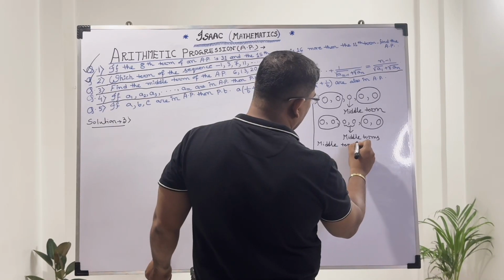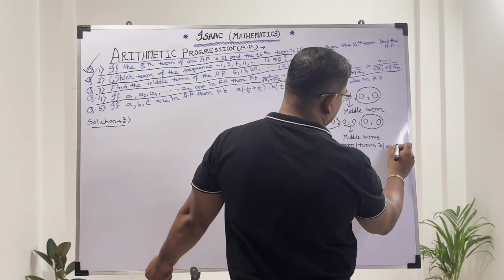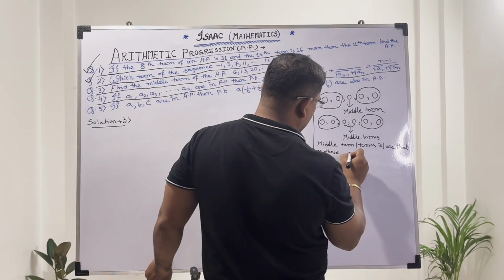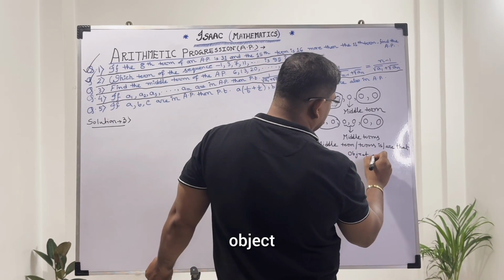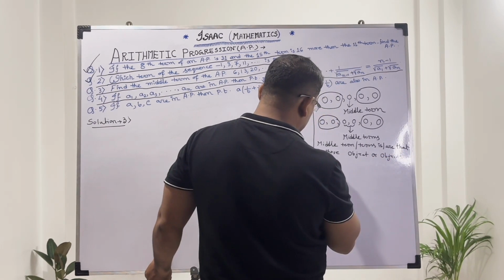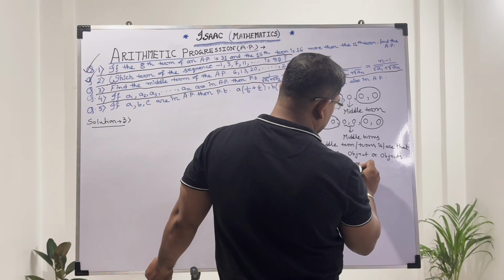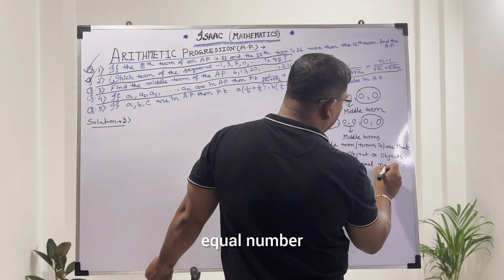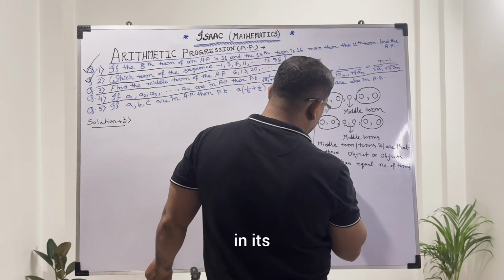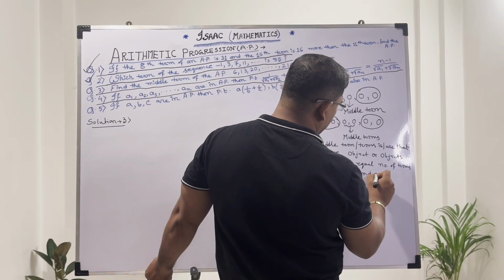The middle term or terms is or are that object or objects which has an equal number of terms in its left and right.